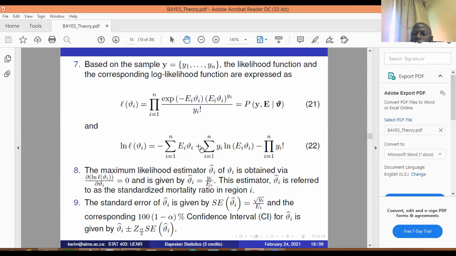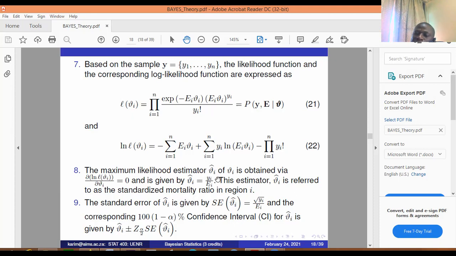So if we do that, equate to 0 and solve, then we are going to get the risk at each region to be equal to the number of cases in region I divided by the expected number of cases in region I. And usually you will hear people say standardized mortality ratio. So this is the measure of standardized mortality ratio.